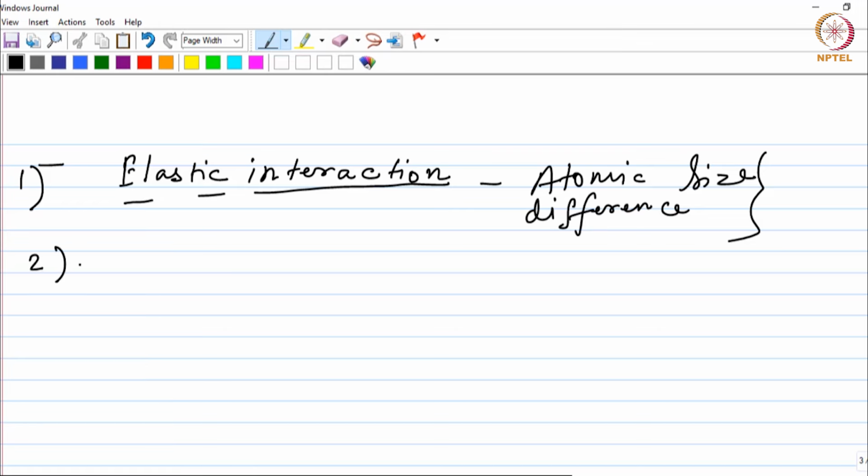The second mechanism is the modulus interaction.